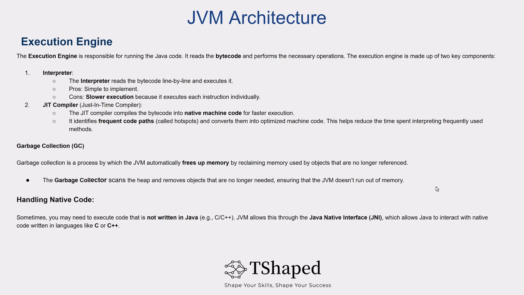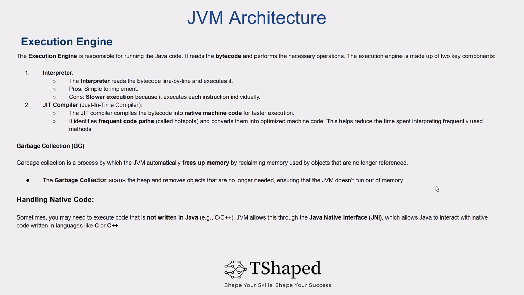And the garbage collector, which we have already discussed: whenever there is a referenceless object inside the heap area, memory will be deallocated by the garbage collector automatically. You need not write code or invoke the garbage collector to deallocate the memory for the instance.